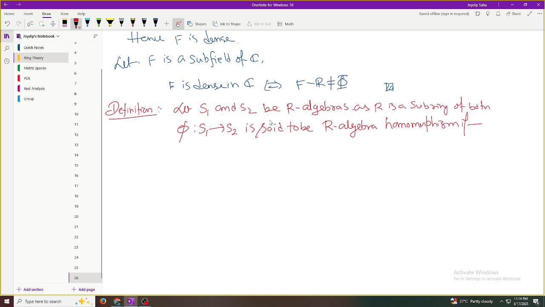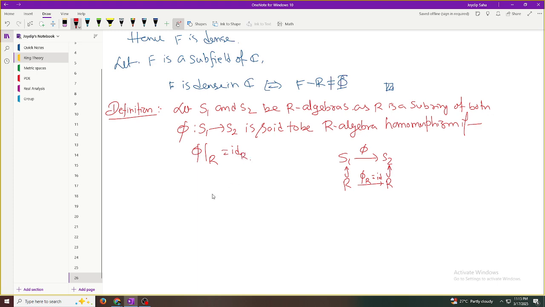That means R to S1 there is only the inclusion morphism. If phi restricted to R is identity, so you have S1, S2, R sitting inside, R sitting inside here also. So phi restricted to R is identity.